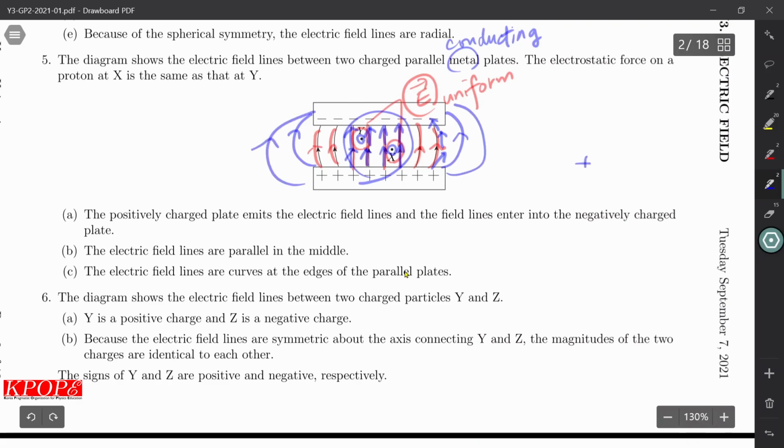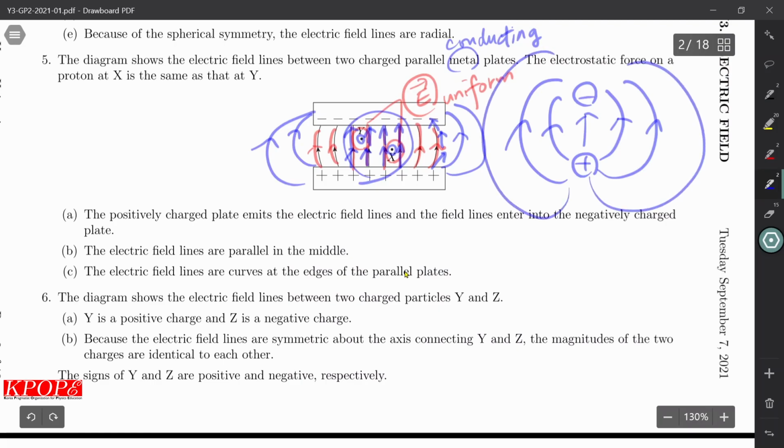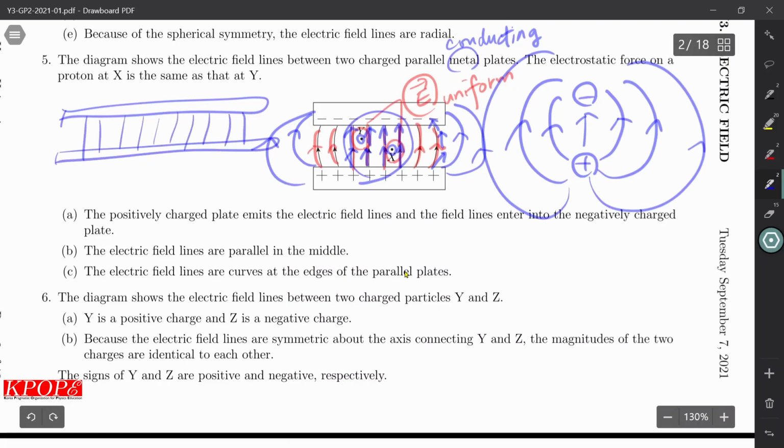You remember, for just a point charge, electric field lines are like that. However, if the plate is big enough, in the middle, electric field lines are uniform.